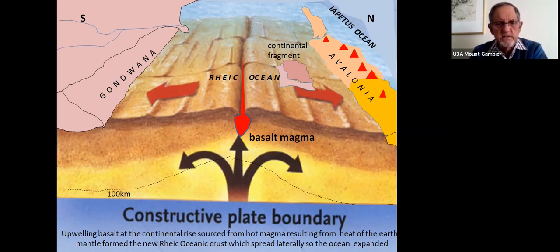That's 100 kilometres thick. Convection currents in the underlying mantle, 100 kilometres down, tend to drag the central portion of the ocean apart. As a result, you get basalt magma forming and intruding along the rift, along the centre of the ocean.